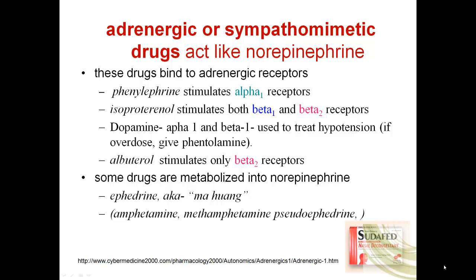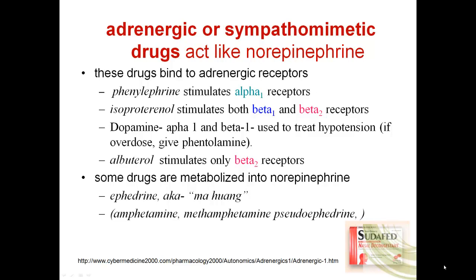Okay, these drugs allow more release or synthesis of norepinephrine, but not just norepinephrine, dopamine and serotonin. And we learned about serotonin being your feel-good or mood elevator. So that's why meth addicts want that pseudoephedrine to convert it to methamphetamine.